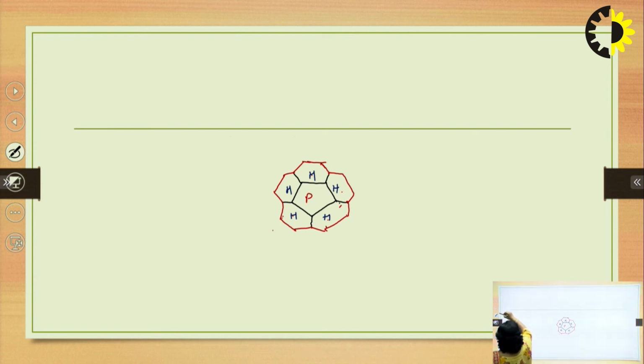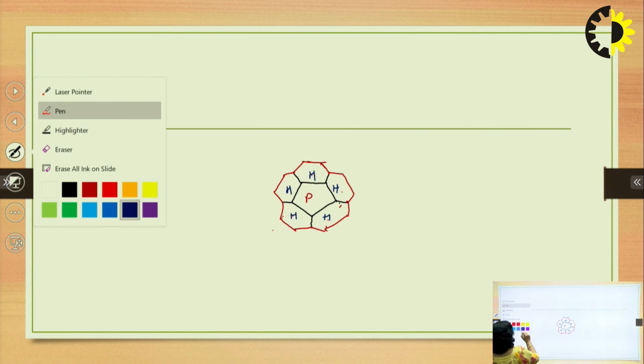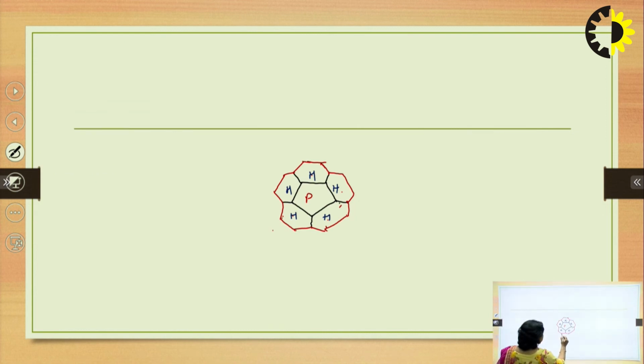So how will the pentagons be attached to this? The pentagons are attached to this like this.